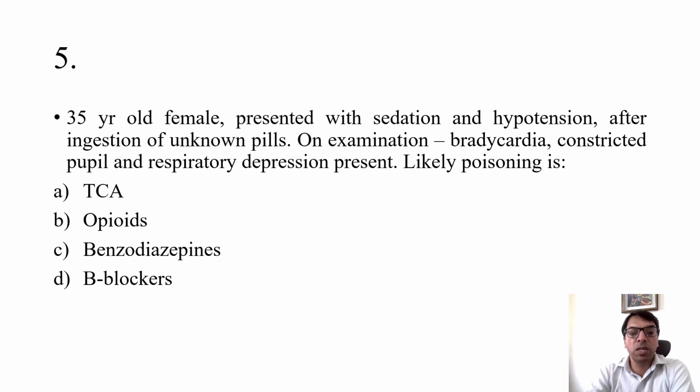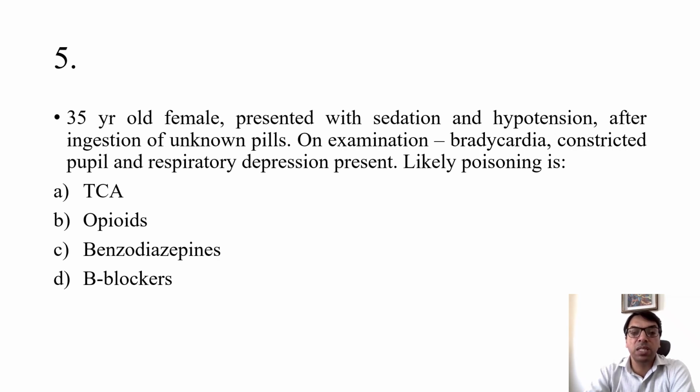For beta blockers, bradycardia is present along with hypotension, but there is no miosis or constriction of pupil. It is ruled out. Benzodiazepines: sedation is present, hypotension is present, but there is no respiratory depression.